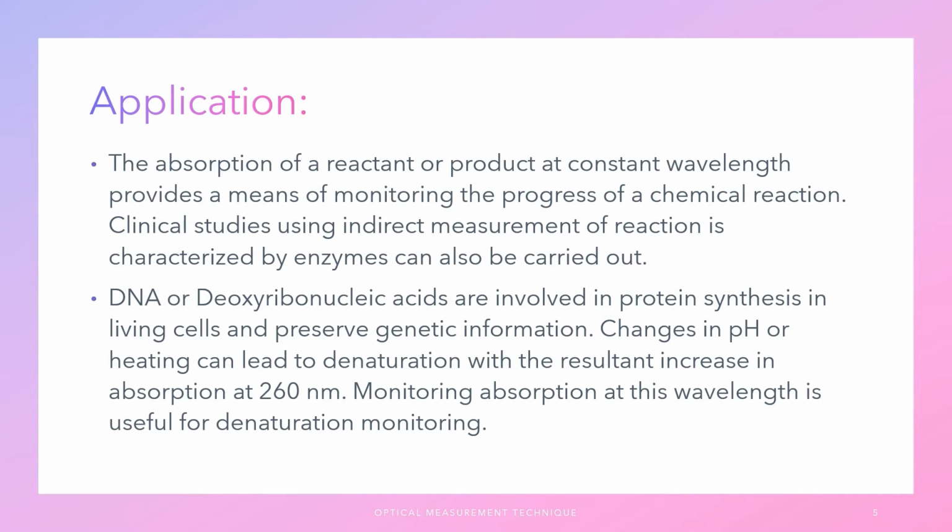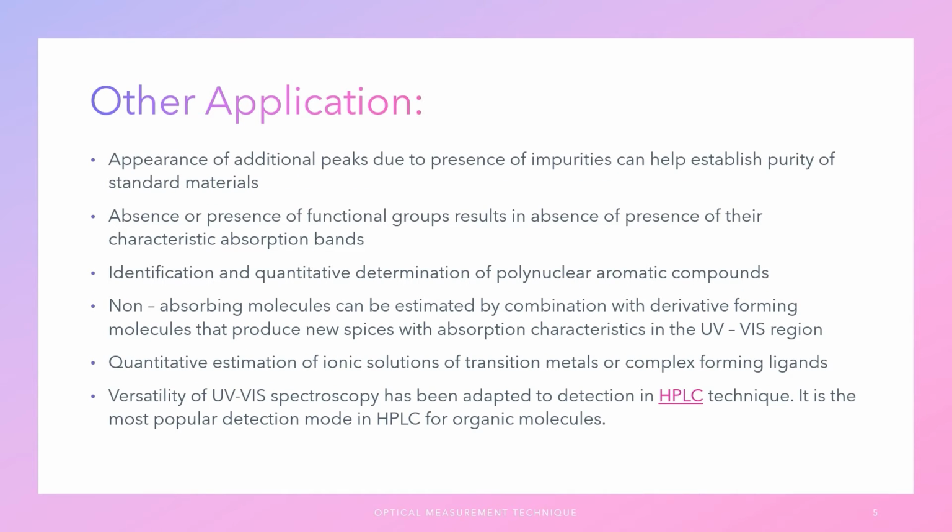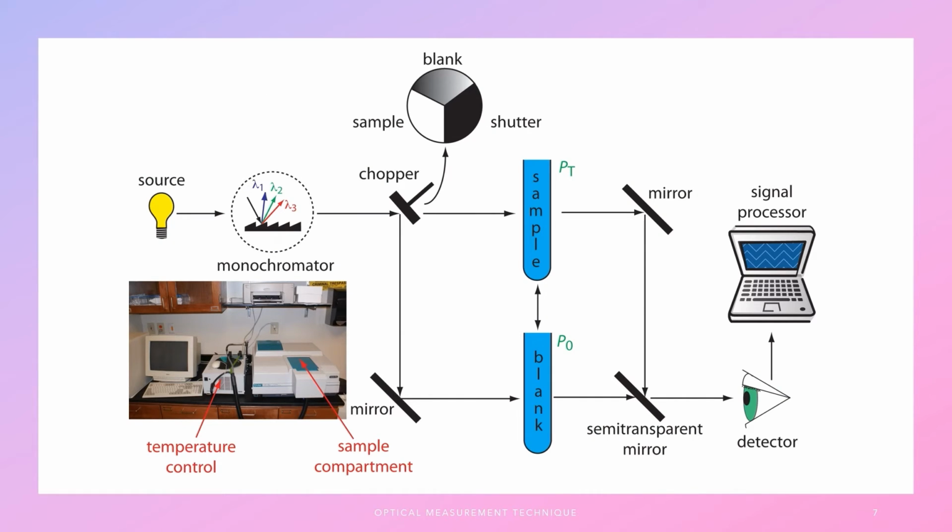Other than the two applications that I stated before, there are some other applications that we can know and understand. The scope of the application of UV-Vis spectroscopy is fast expanding and new applications are reported daily.